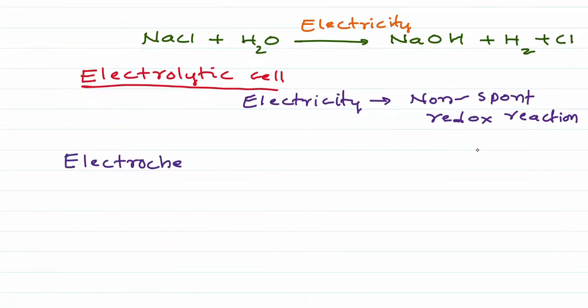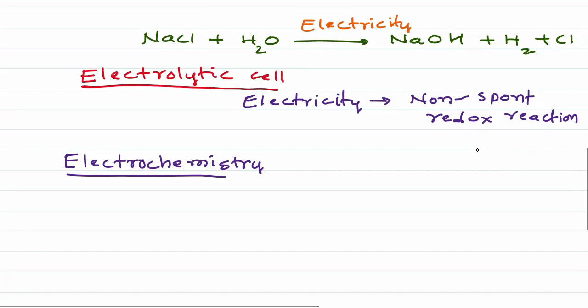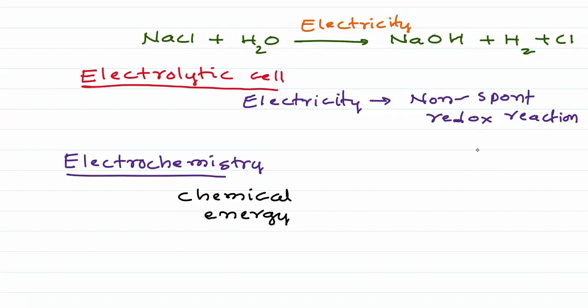Electrochemistry is a branch of physical chemistry which deals with the interconversion of chemical and electrical energy. Chemical energy is used to produce electricity.